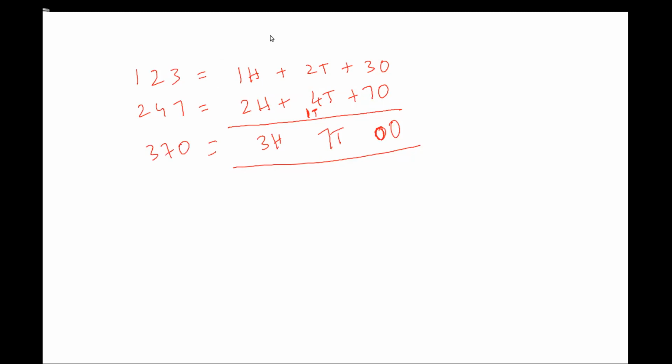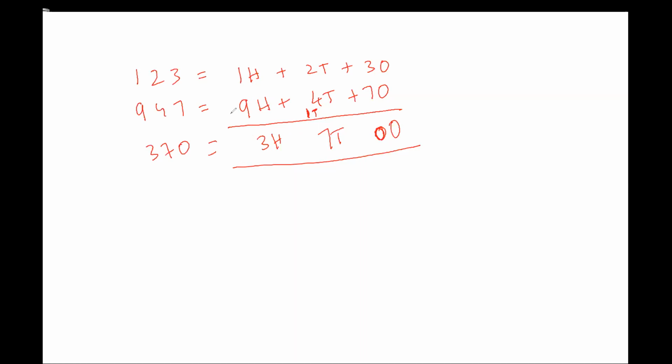But let's say this is 947, then if you do the same arithmetic, 900 plus 100 is 10 hundreds. What is 10 hundreds? It's 1000, right?